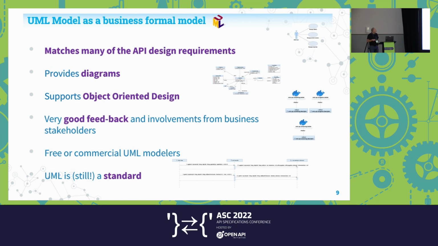It supports object-oriented design. It's interesting because like that we can apply polymorphism and inheritance in the OpenAPI specification. It's very useful. I'll explain why. There is very good feedback from the business people using UML. And it's free, it's a standard, and so on.